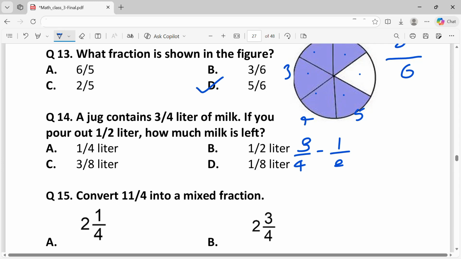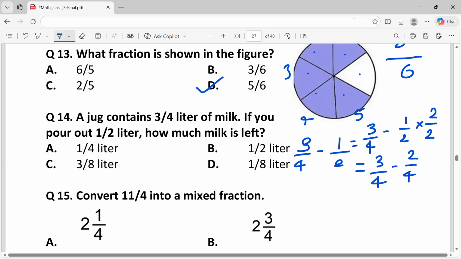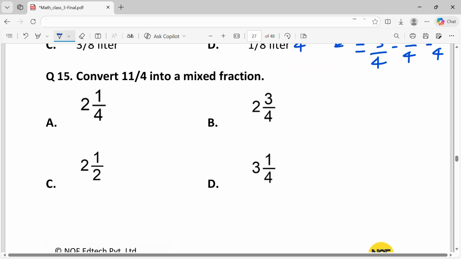Since the denominators are not same, equating the denominators, that is 3 by 4 minus 1 by 2 into 2 by 2, that is equal to 3 by 4 minus 2 by 4, that is equal to 1 by 4. That is option A, 1 by 4 liters.